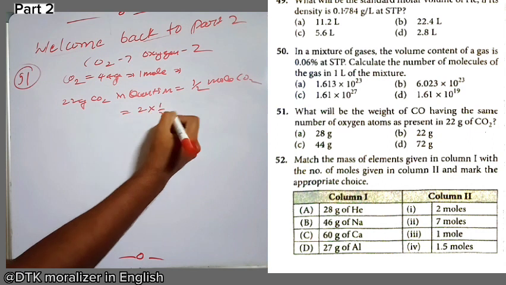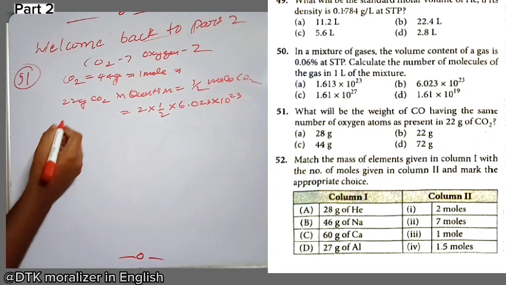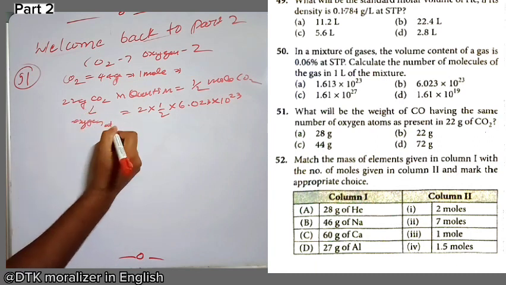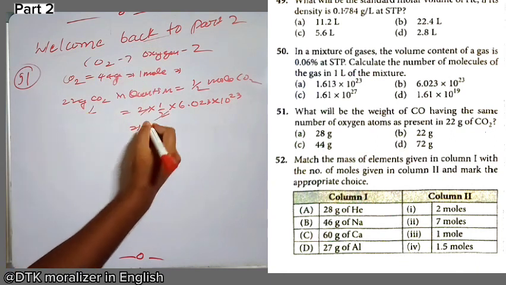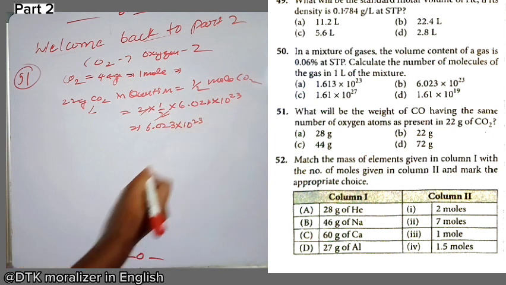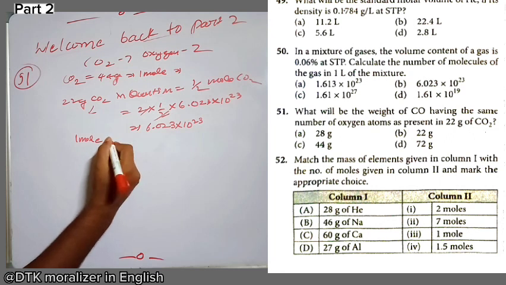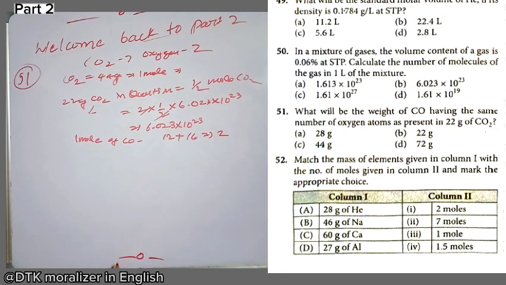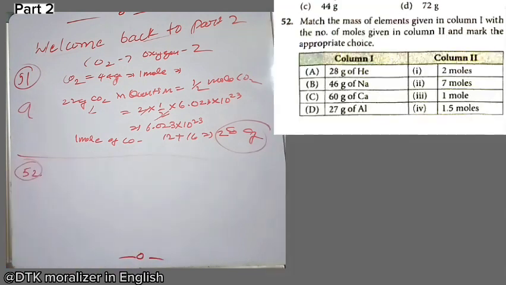So for half a mole, number of molecules is N into Na into number of atoms, so 2 into half into Na, which is equal to Na atoms. As you can see, option A is correct.